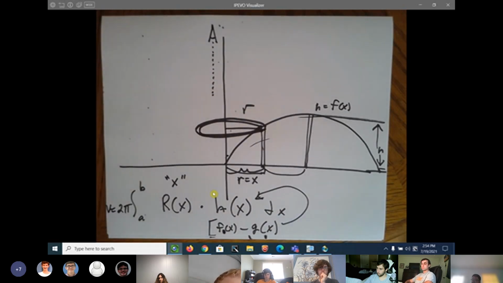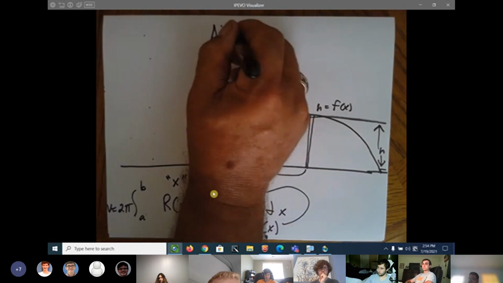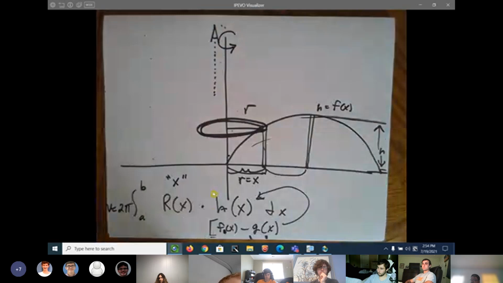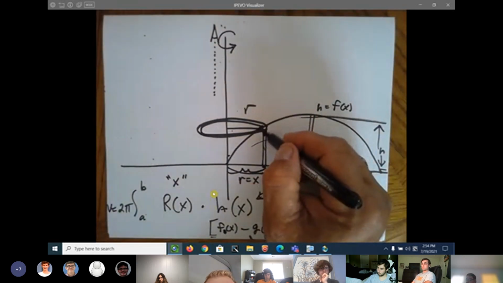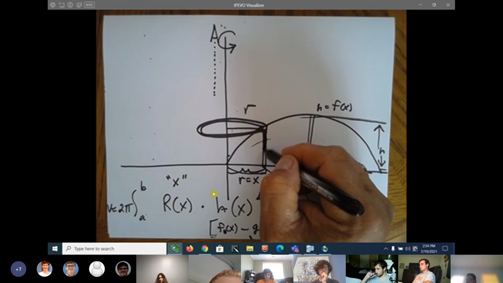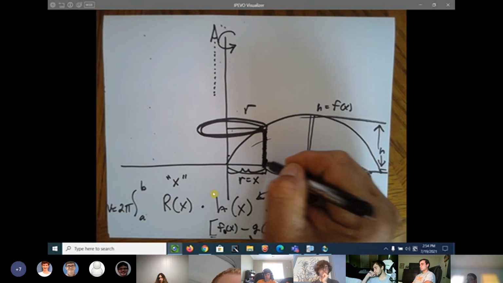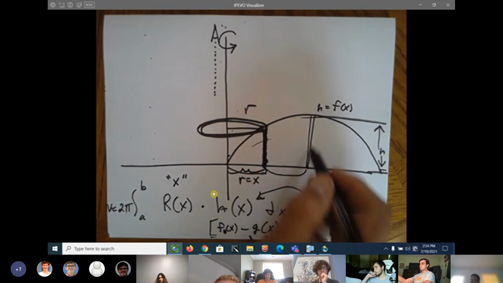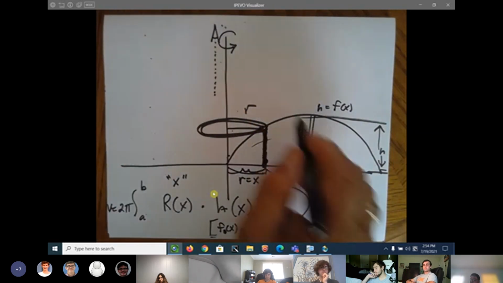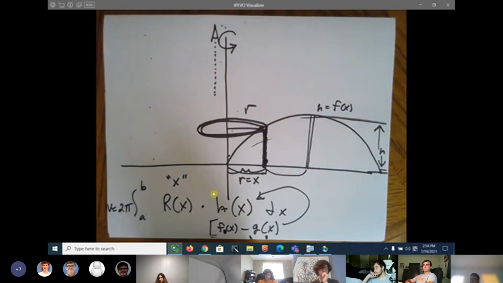Okay? Now that's revolving around the y-axis. And this is a shell. Remember, this is not a disc and it's not a washer. This is a shell. It's just one rectangle that goes round and round and round and round.